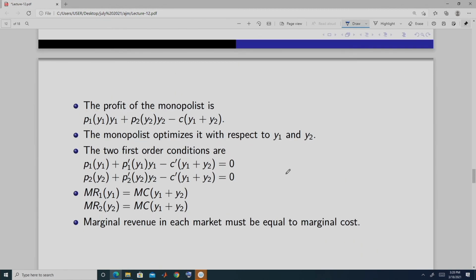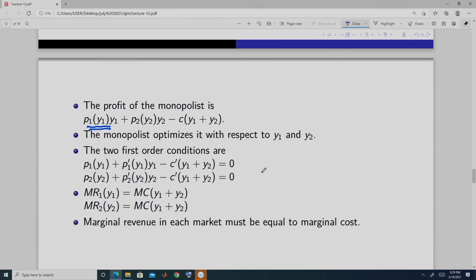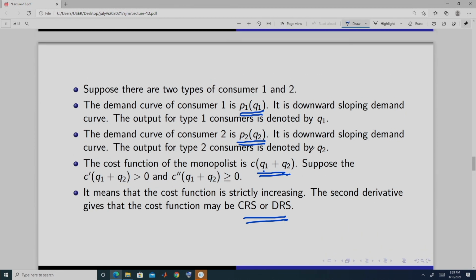So, aggregate profit of the monopolist is given by this amount, because this amount is the revenue from type 1 consumers or market 1. That is, you are selling Y1 unit of output. I have messed up here. So, instead of Q1, let us take Y1, instead of Q2, let us take Y2.